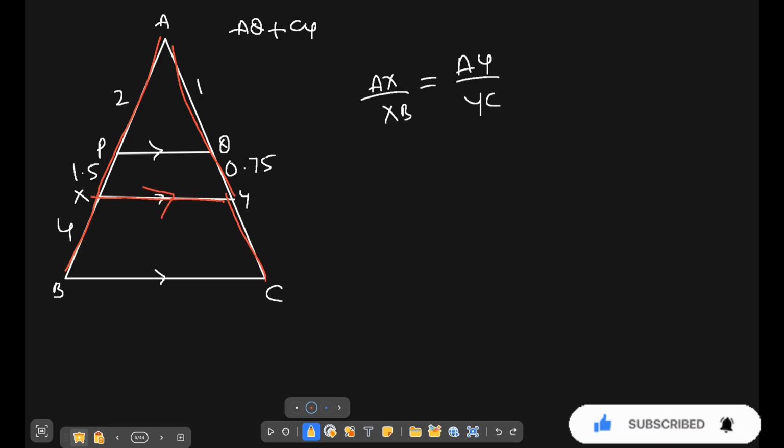So XY divides AB side and AC side in the same ratio. Let's substitute the values. What is the AX value? This AX is nothing but 2 plus 1.5, 3.5, by XB. So this XB is 4.